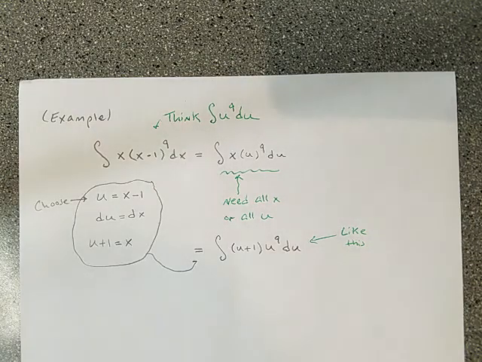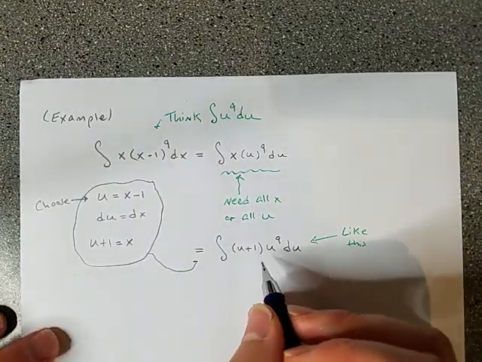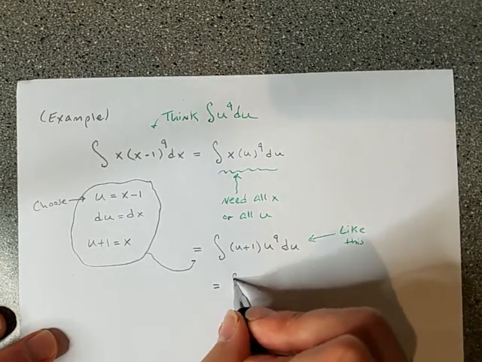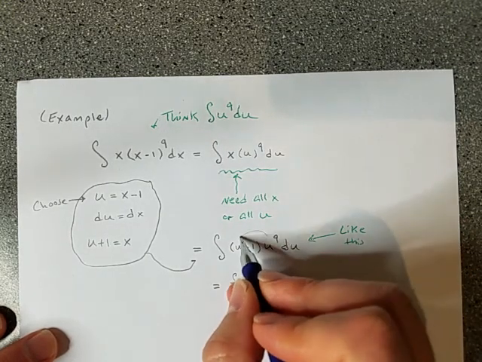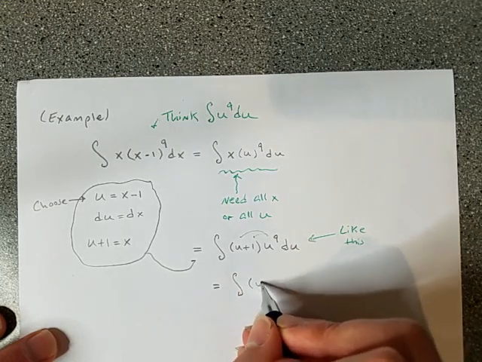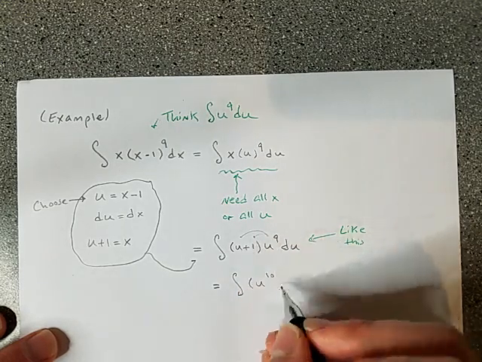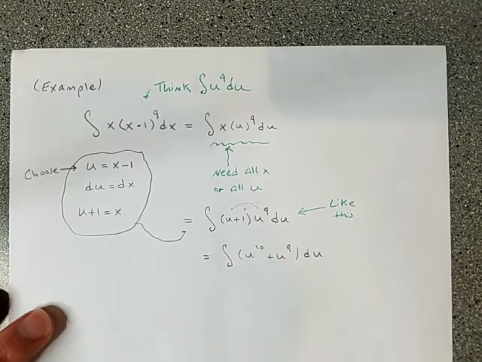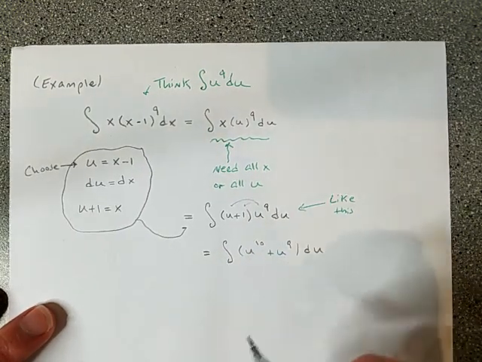All right, now how can we do this problem? Once we're here, the way that we work it is, let's see, we'll distribute this in there. So that will be a 10. And this will be u to the 9th. And then individually, these can be worked like this.